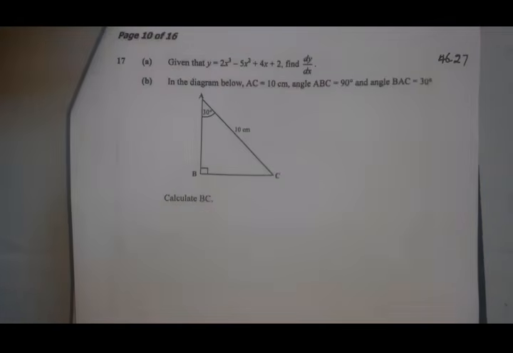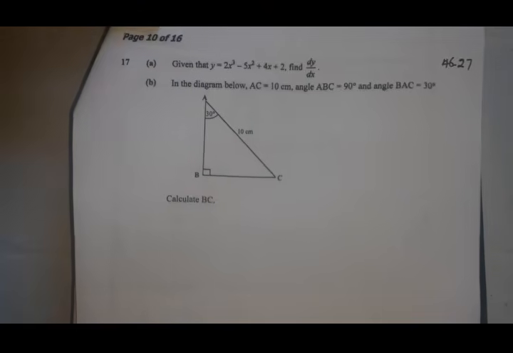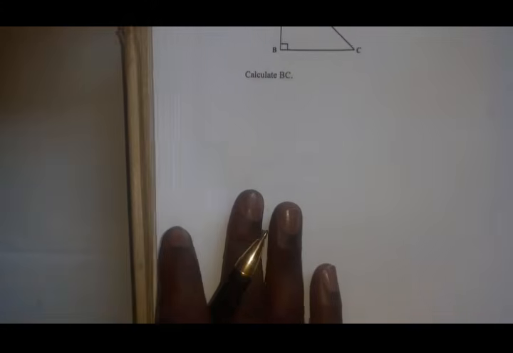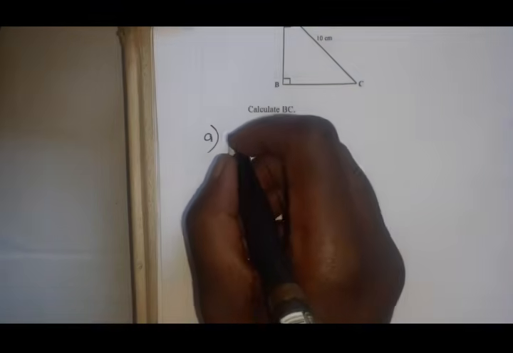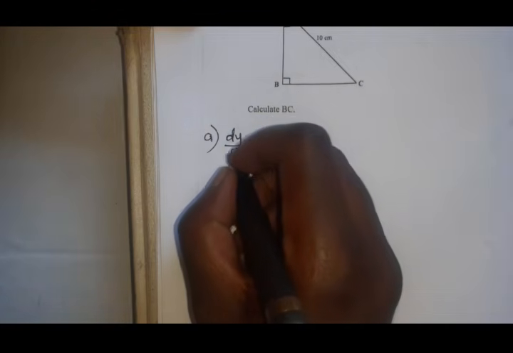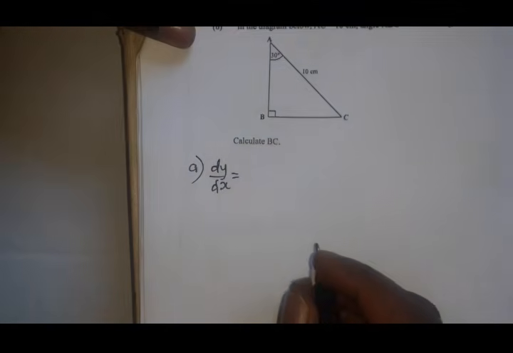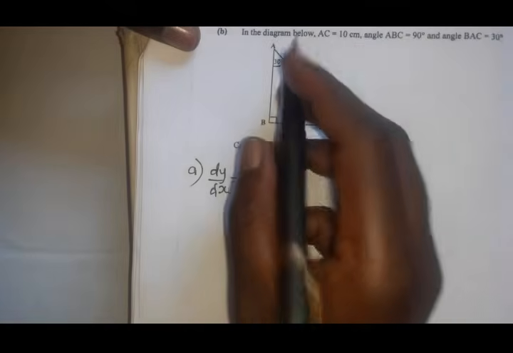Alright? So we come to question 17. Given that y is equal to 2x cubed minus 5x squared plus 4x plus 2, find dy/dx. So we are finding the derivative here. So (a), dy/dx is equal to, what are we supposed to do?